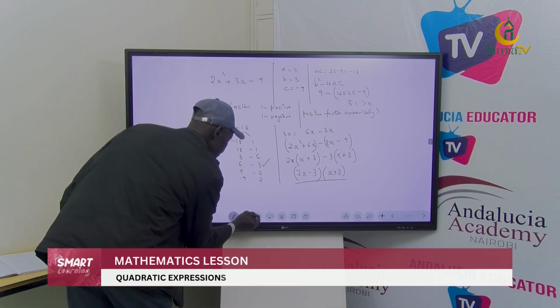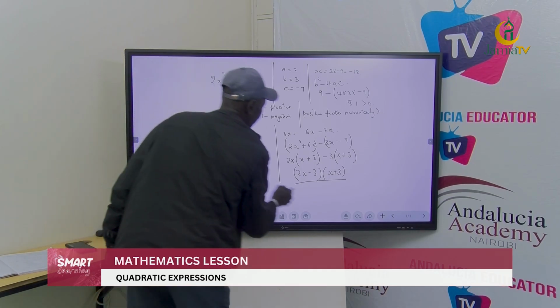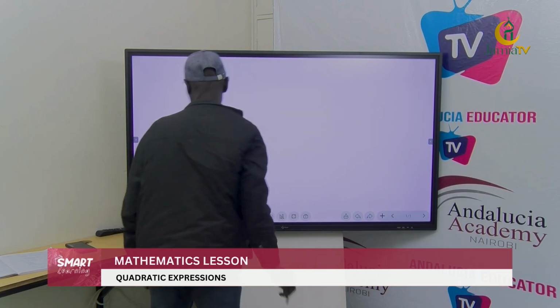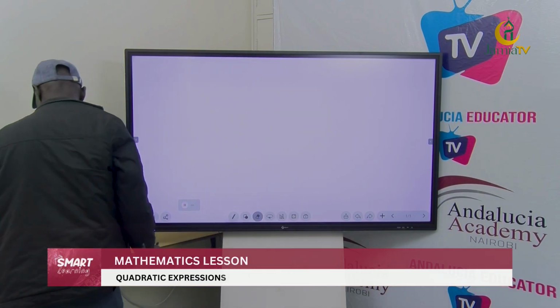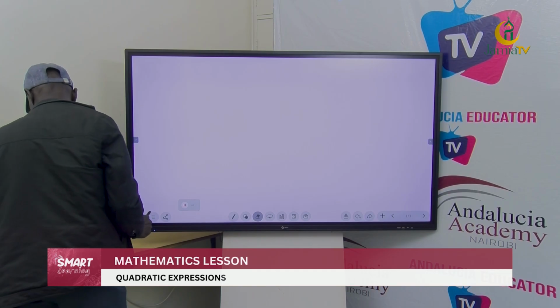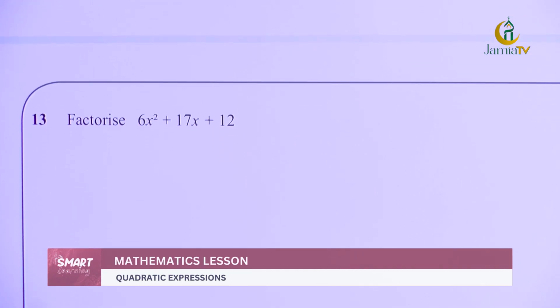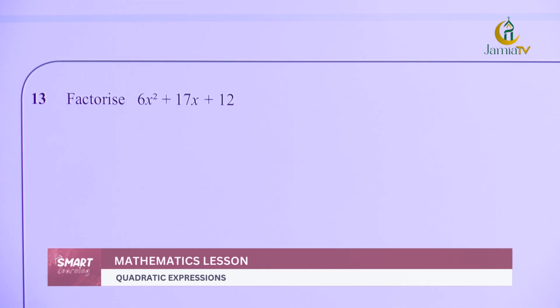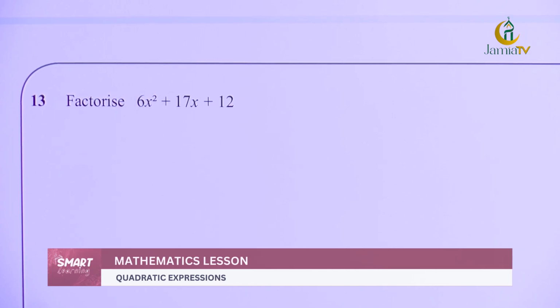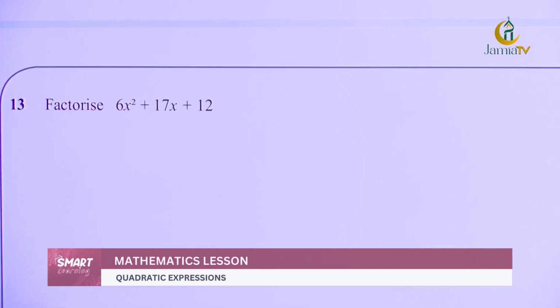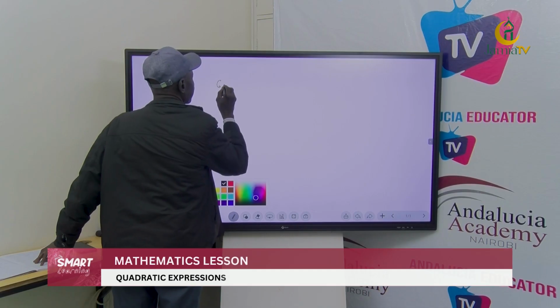Now, let's go to the next part, which will be our number 13. Number 13 says 6x squared plus 17x plus 12.